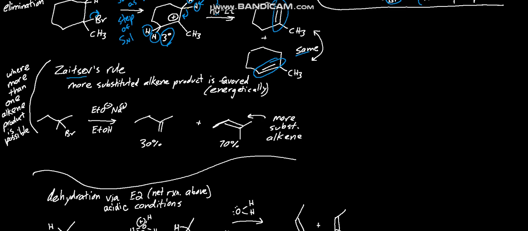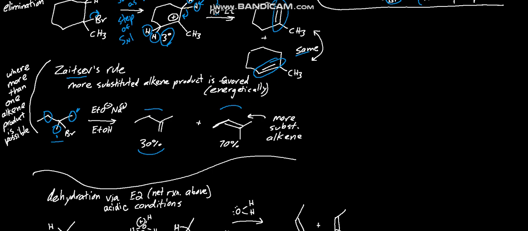We see Zaitsev's rule that can be applied where more than one alkene product is possible. So if we start with this alkyl halide, under these basic conditions, sodium ethoxide, typically in ethanol solution from which it's created, in base, we see that we could remove any of the hydrogens implied here, or here, or here, resulting, in this case, in two possible products, because removal of protons here and here both result in this material.